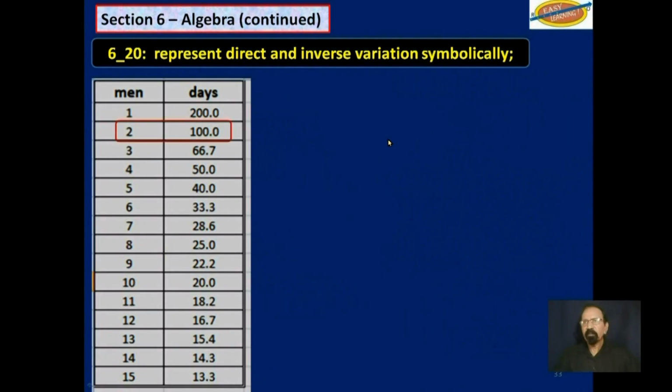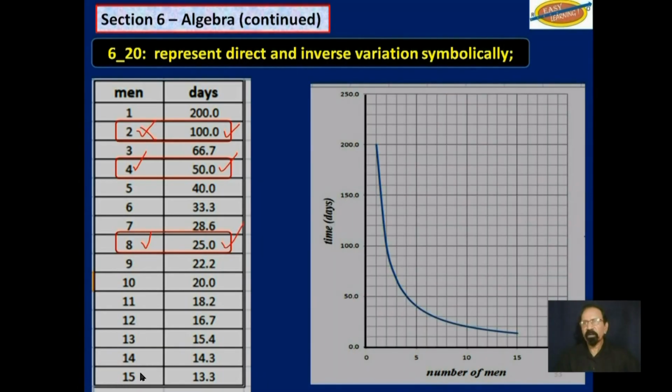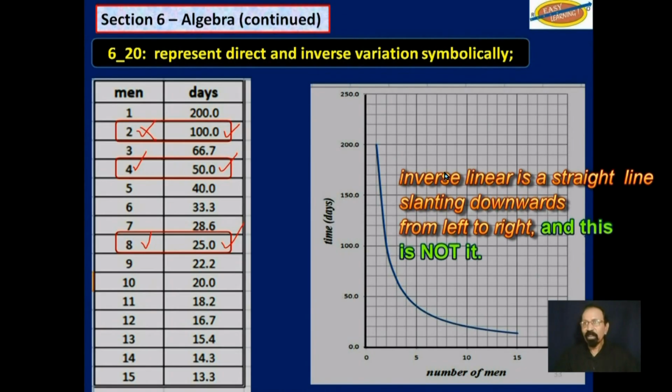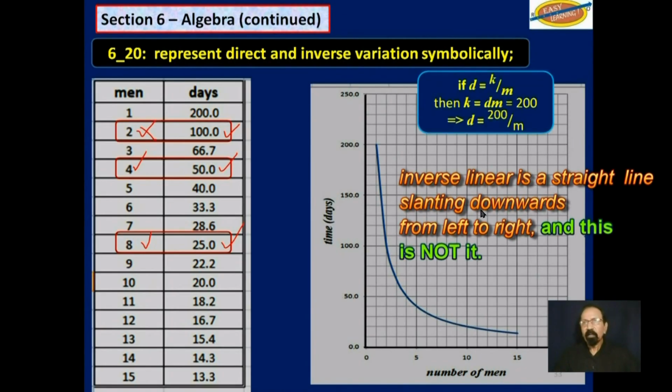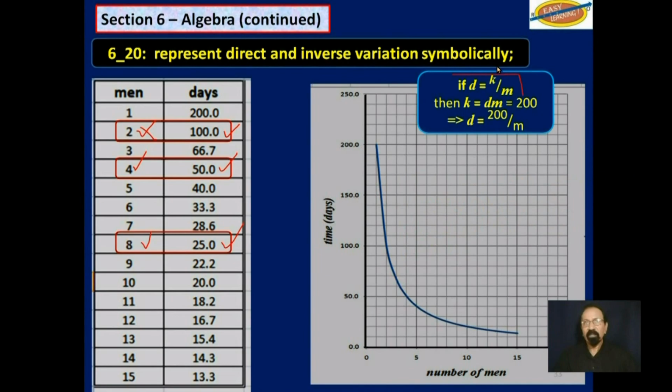Here's a table. 2 men took 100 days, 4 men 50 days, 8 men 25 days, and so on. We plot a graph, and this is what it looks like. Now, this does not look like an inverse linear. It looks like an inverse exponential, and yes, this formula does work.